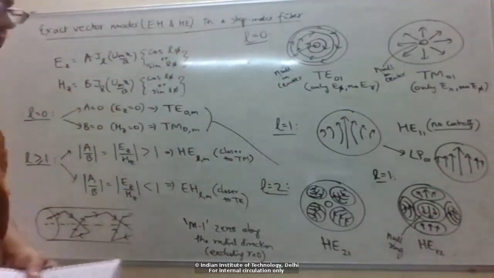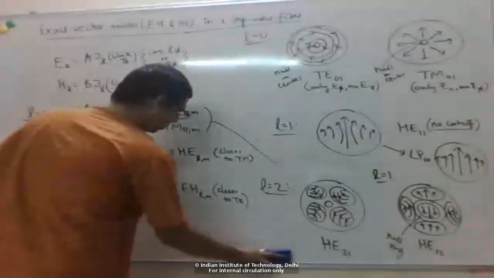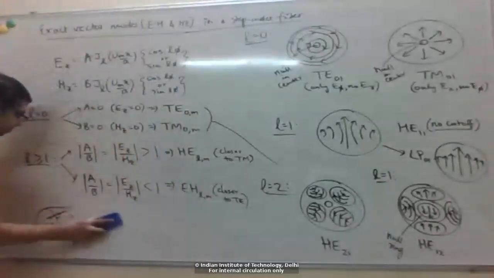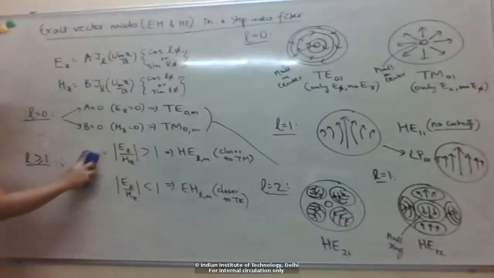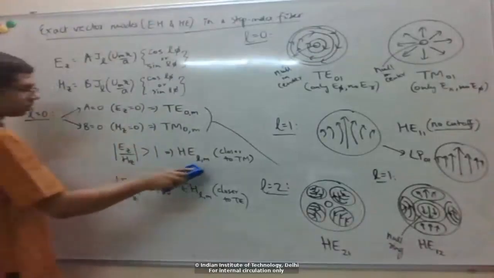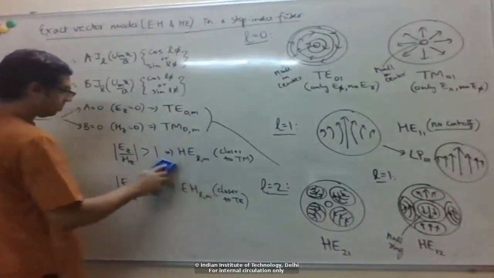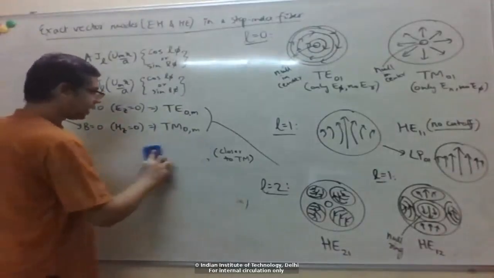But what happens is that in the weakly guiding approximation, for delta very small, the transcendental equations for the EH and HE modes for a particular value of L and M become identical in the limiting case of delta tending to 0.